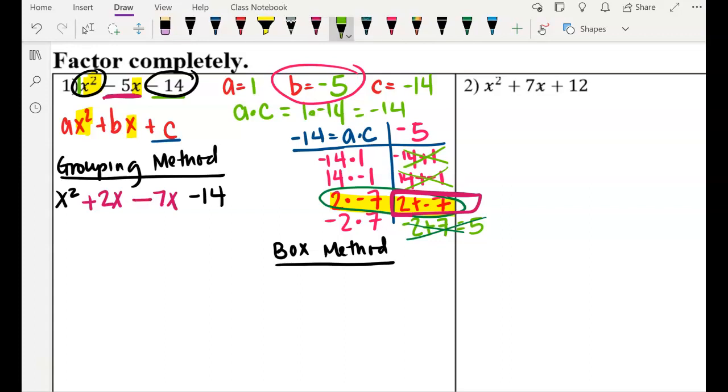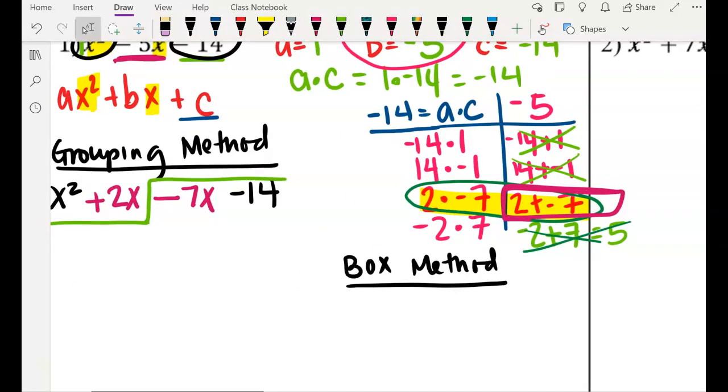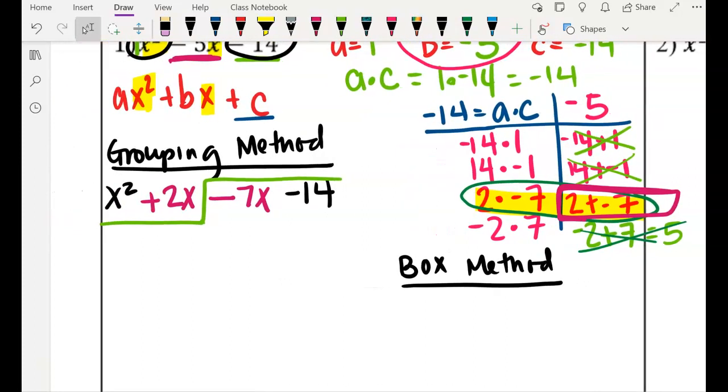So factor by grouping means we make the first 2 terms a group, and then see if we can take out the GCF from the first 2 terms. They both have an x in common. Remember, when you factor out, you're really dividing by x. So x squared divided by x is x, and 2x divided by x is 2.